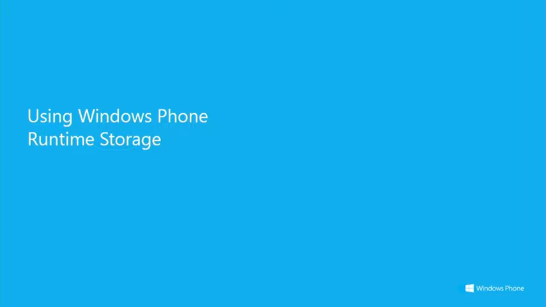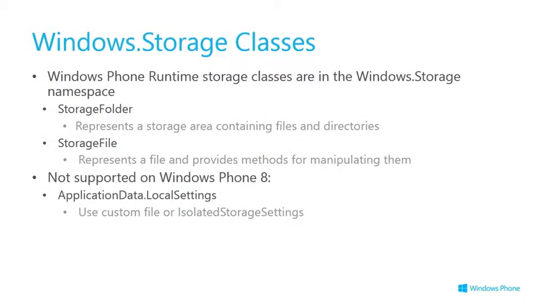Now let's move ahead and see how you might do the same things using Windows Phone Runtime Storage, which is similar to what we have on big Windows. We have these new Windows storage classes to work with that same stuff. You have the storage folder, which is like our isolated storage, your area with files and dictionary, and then you have the storage file itself that you're actually going to work with.